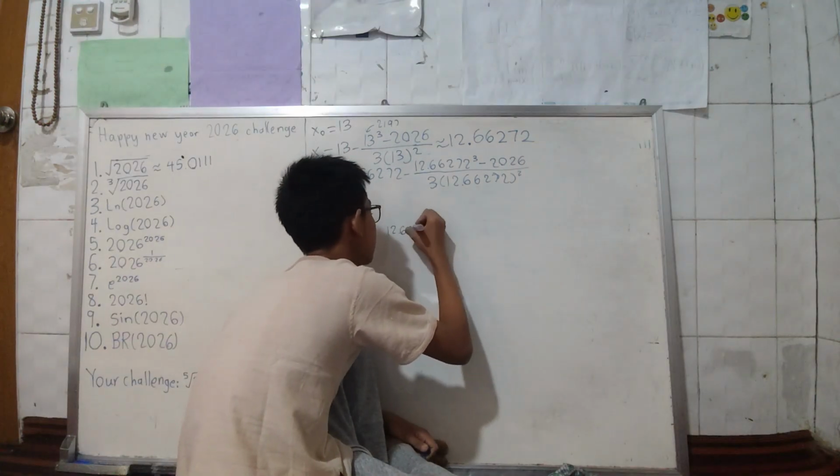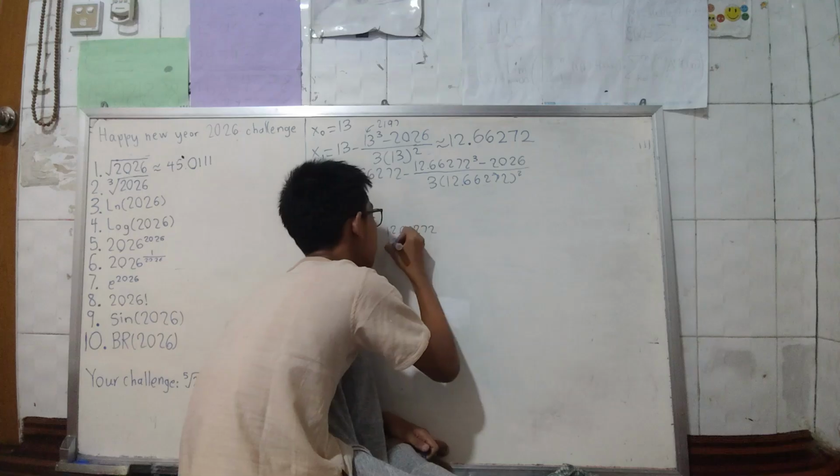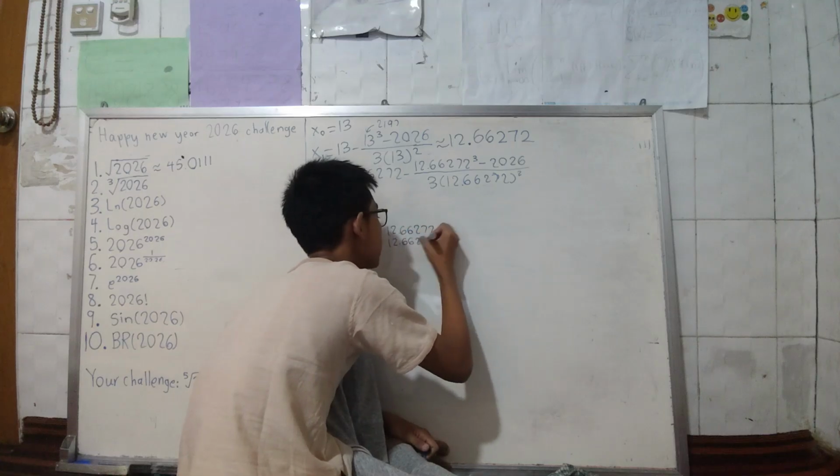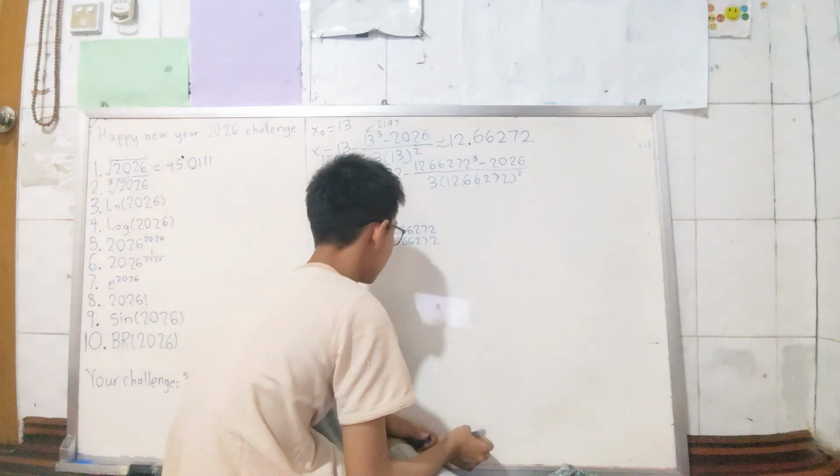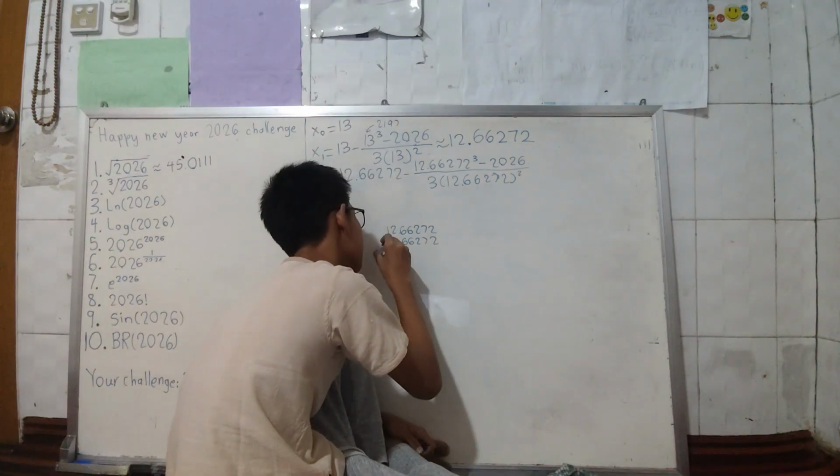So 12.66272 times 12.66272. That's gonna be a lot of mess right there.